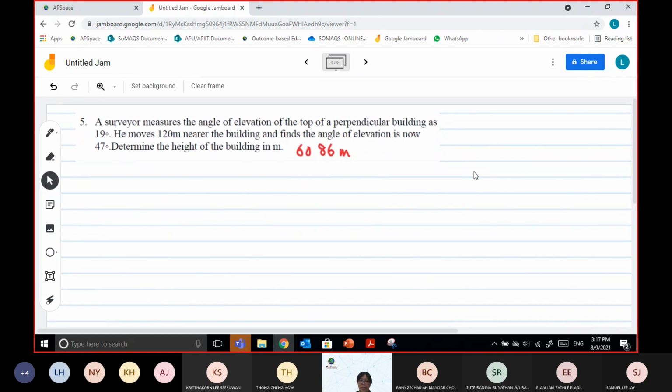Okay, so next question. A surveyor measures the angle of elevation of the top of the perpendicular building as 19 degrees.